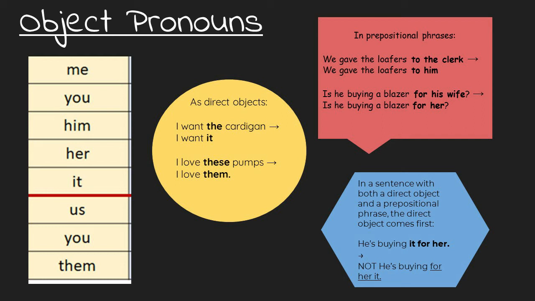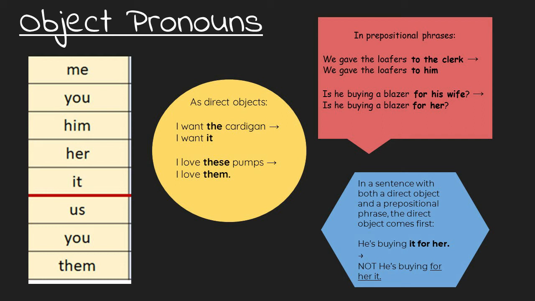Also, we can use an object pronoun in sentences with both a direct object and a prepositional phrase. In this case, we say the direct object first, right? For example, we have here "We gave the v-neck to the clerk." The v-neck is a sweater, right?